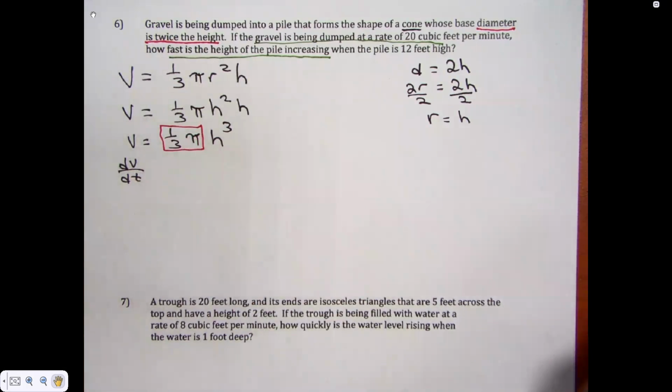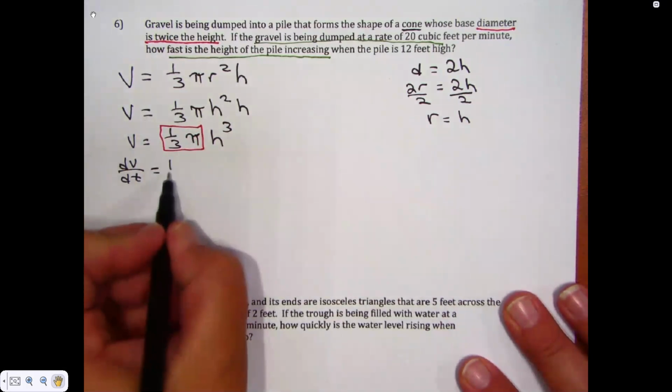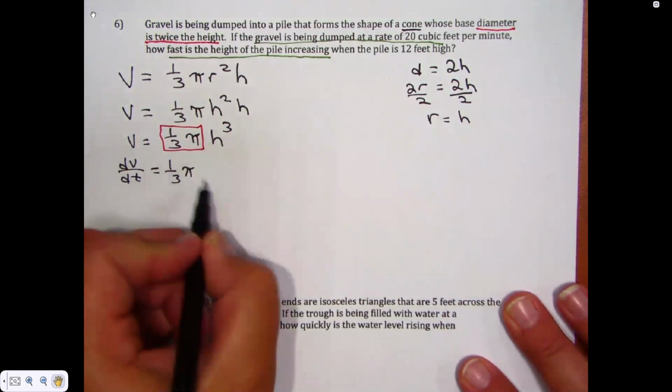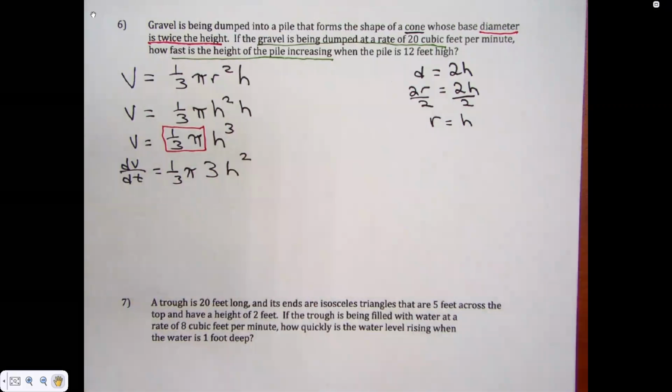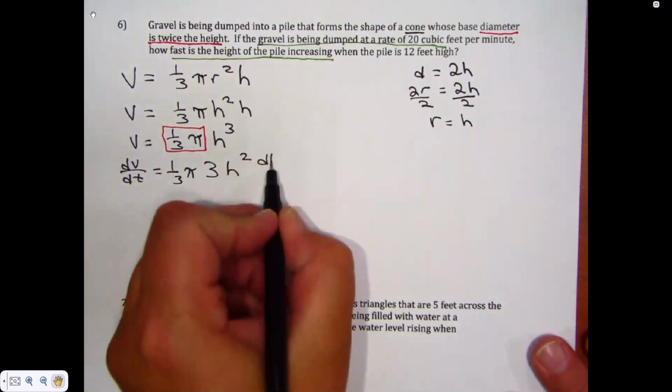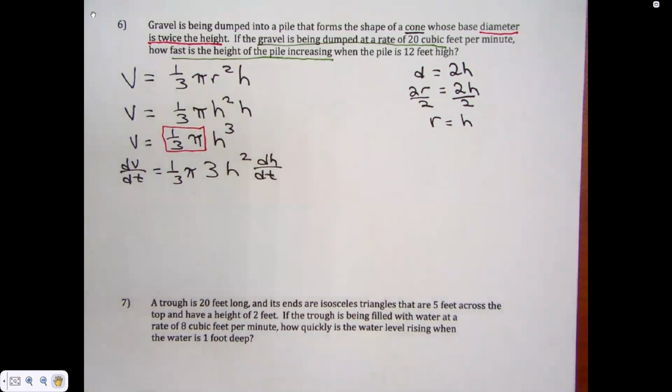That's all just a coefficient. So roll it down. So this, let me get my equal in there, 1/3 pi, and then the 3 rolls down and subtract 1. But h is a quantity. So after I do its derivative, I got to take the derivative of the quantity with respect to time.